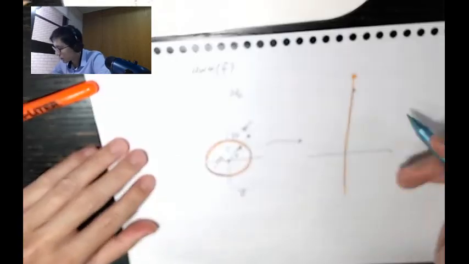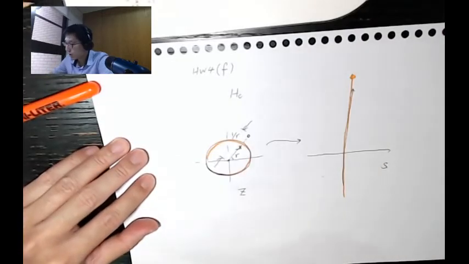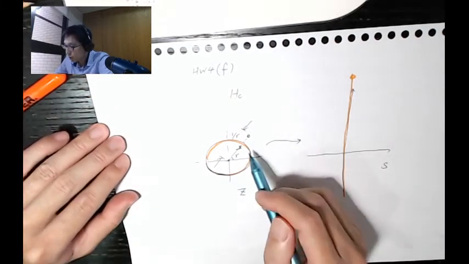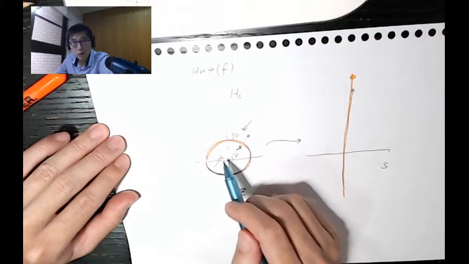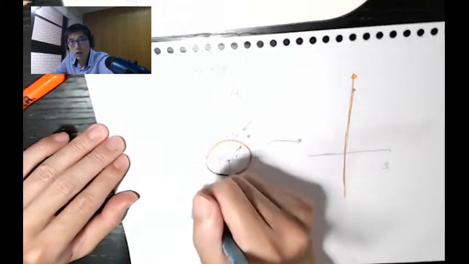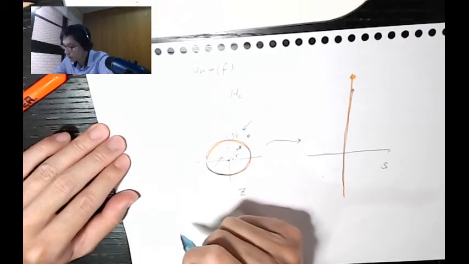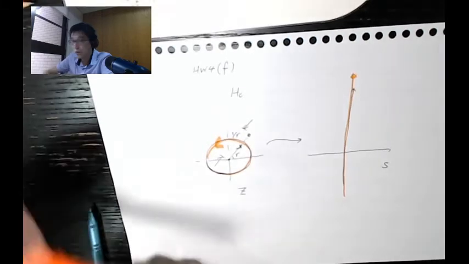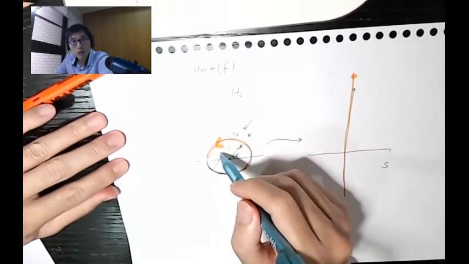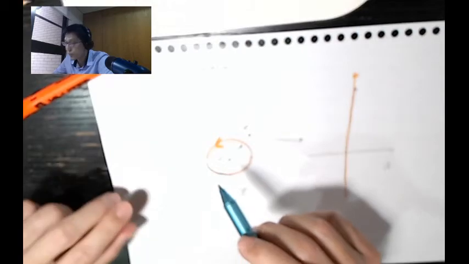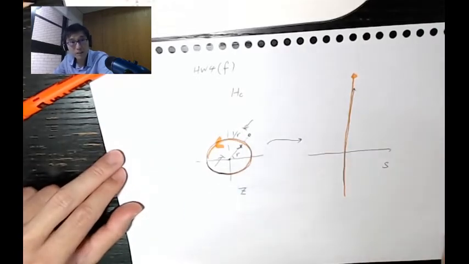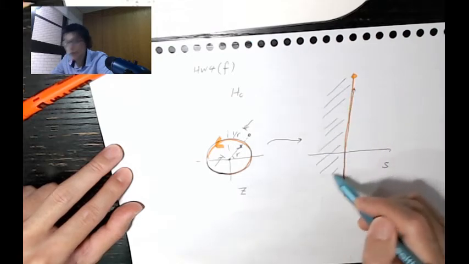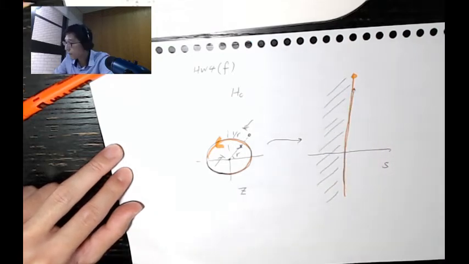And because of conformal mapping, we are going counterclockwise around the unit circle, and what's on the left of your path, the contour remains on the left after an analytic mapping. So the inside is mapped to the left-hand side of the s-plane.